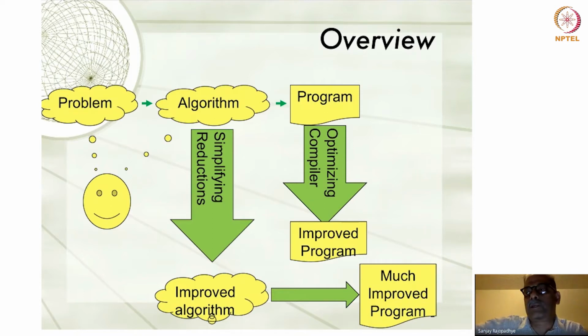The asymptotic complexity of your program remains the same. So simplifying reductions is a transformation that invents algorithms. It is a compiler technology by which the compiler can invent an algorithm.